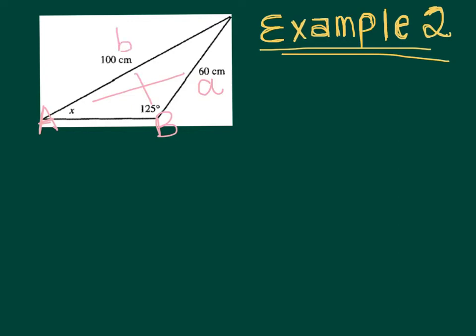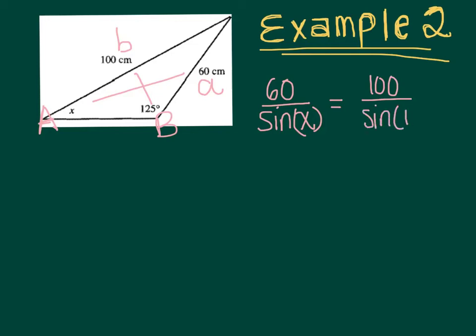So again, we will have 60 over sine x. Now I'm just going right ahead and putting in the numbers I know rather than a and big A. So 60 was my little a, x is my angle A, and then I know 100 over sine 125. Again, 100 being my little b, and 125 being my angle B.